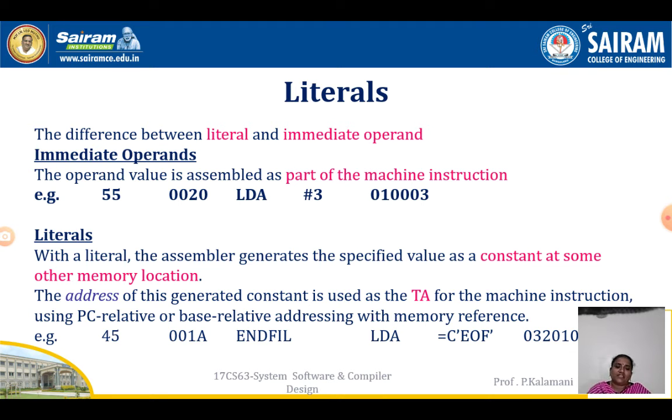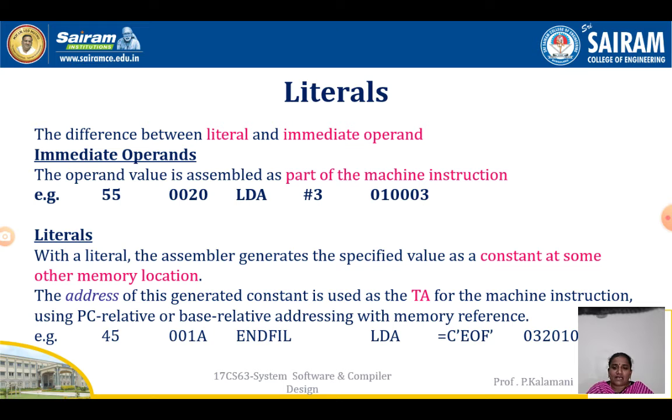What is the difference between a literal and an immediate operand? We know that we use an immediate operand along with the instruction with the hash symbol. Then what is the difference? In an immediate operand, the operand value is assembled as part of the machine instruction, for example LDA #3.